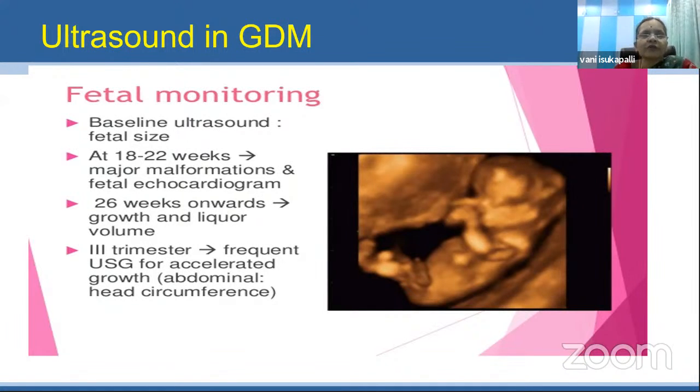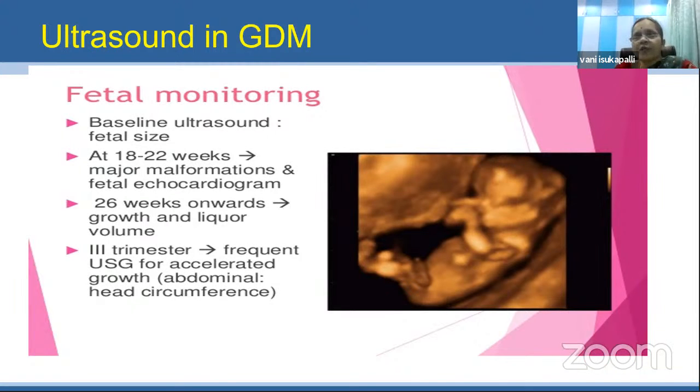So this has to be done at 18-20 weeks, and later on at 22-24 weeks, another scan for fetal echocardiogram. That is highly essential because cardiovascular abnormalities are most common and they may be missed when the scan is done below 22 weeks.